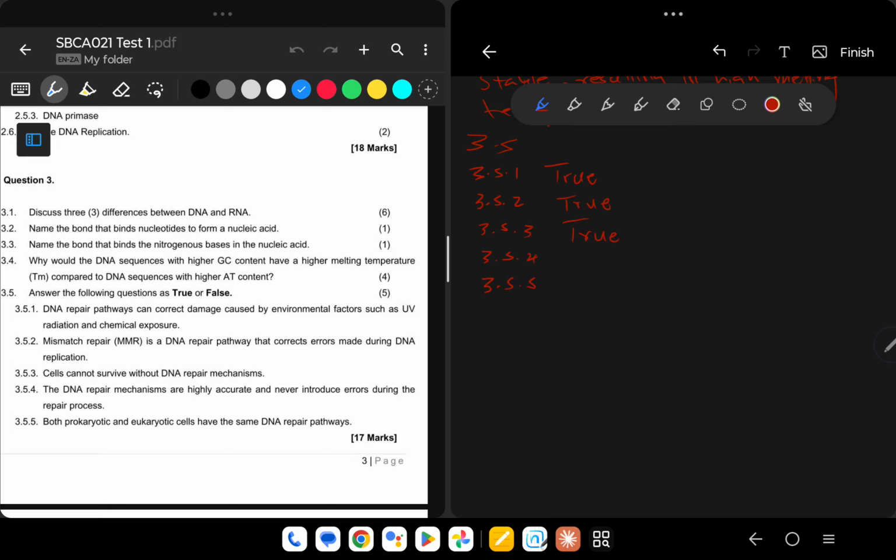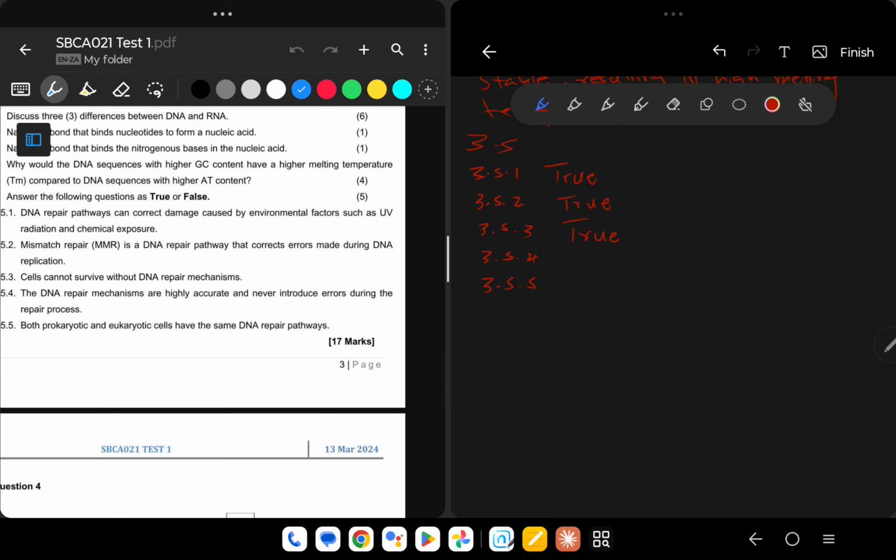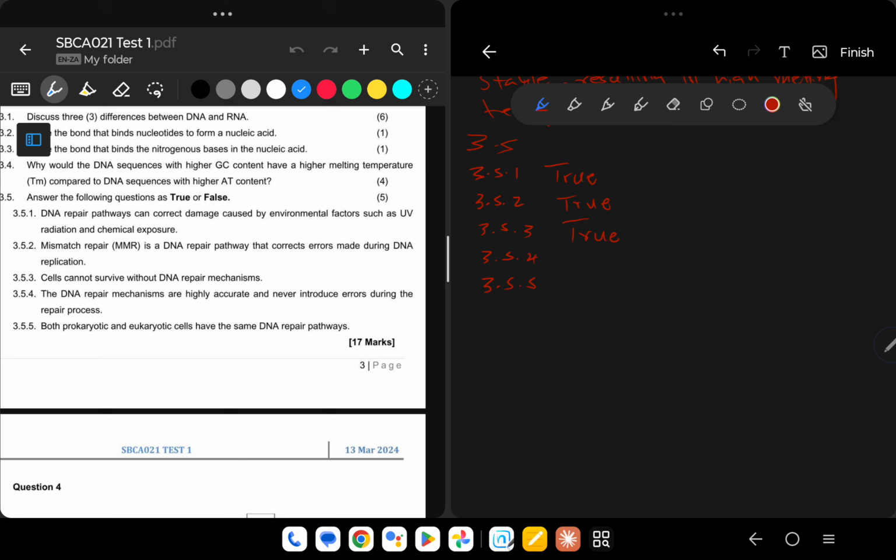And then 3.5.4, DNA repair mechanisms are highly accurate and never introduce errors during the repair process. This is false. They do introduce errors at some point, but those errors also get fixed, even though not always. So this is false. And then, both prokaryotic and eukaryotic cells have the same DNA repair pathways. This is also false.